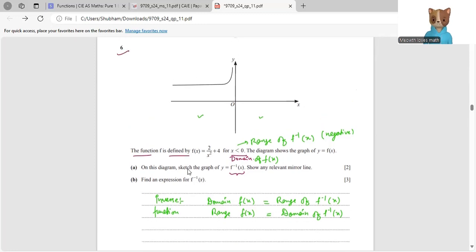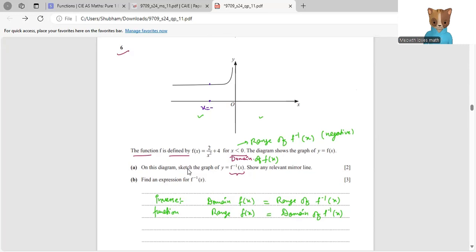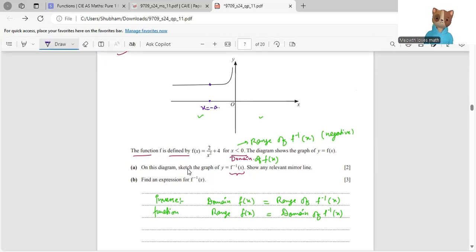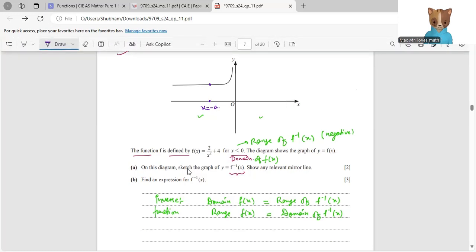So I can check using some points to get a rough idea. Let's take this point, right? So let's say this is some x equal to negative a. Now y is positive, isn't it? So inverse exists when the function is 1, 1, isn't it? So now what happens for the inverse when y values is in the second quadrant?